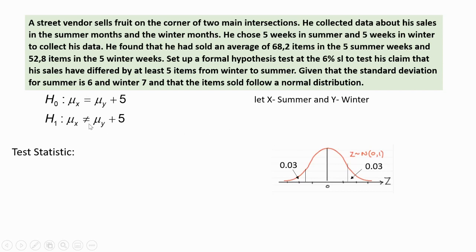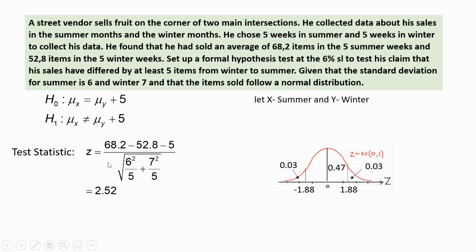Now I want to put in my different values. I know this is a two-tailed test. Why is it two-tailed? It's because the test says that they have differed, not that one is bigger than the other. Two-tailed means I share my full 6% on either side. So this value over here is 0.47, and it means my z-score is 1.88.